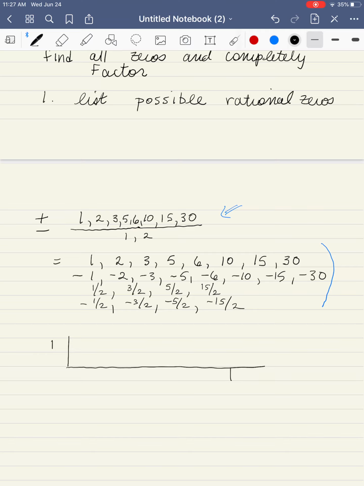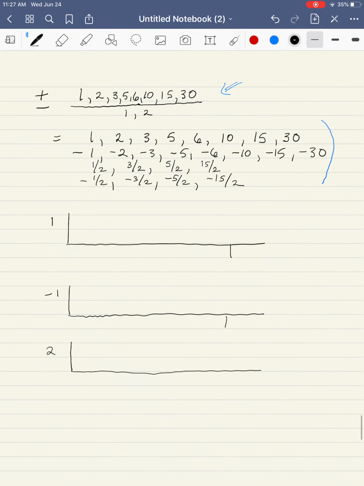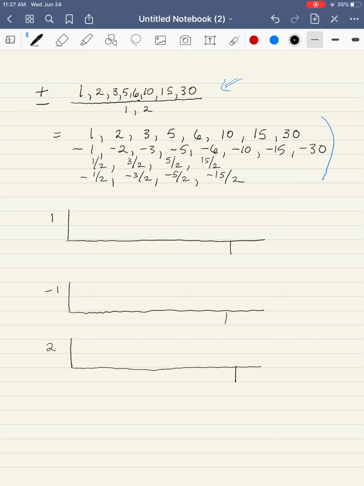If I do synthetic division with my original polynomial here, do I get 0 as my remainder? That means that 1 is a 0. If that one doesn't work, I'm going to try negative 1 and so on. And I'm just going to work my way through the list here until I get to a number that is actually a 0.